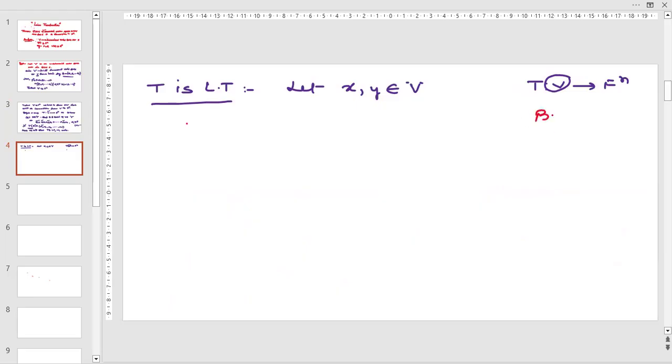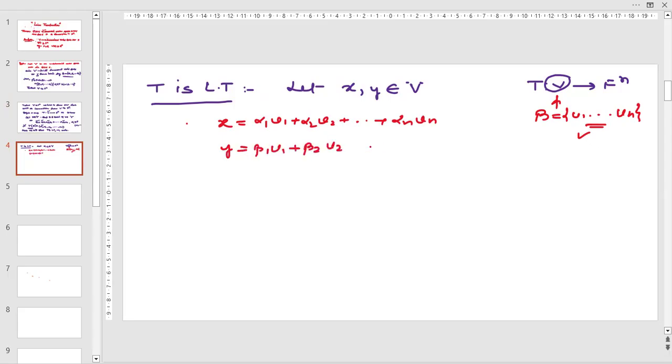Now x and y belong to V, and B equal to {V1 to Vn} is the basis. So we can write x as a linear combination of elements of the basis: alpha 1 V1 plus alpha 2 V2 so on to alpha n Vn. Similarly, y can be written as beta 1 V1 plus beta 2 V2 and so on to beta n Vn, where alpha i belongs to F and beta i belongs to F, i equal to 1, 2, up to n.